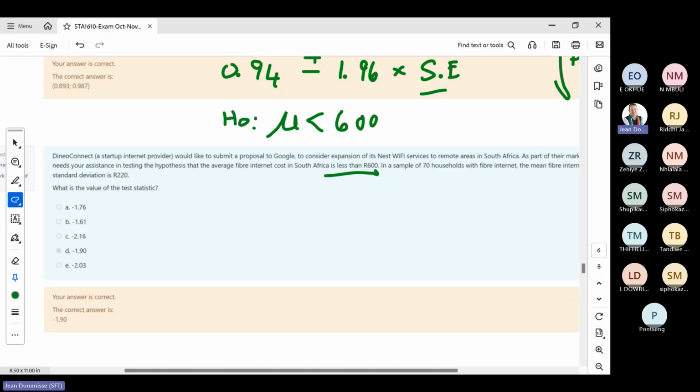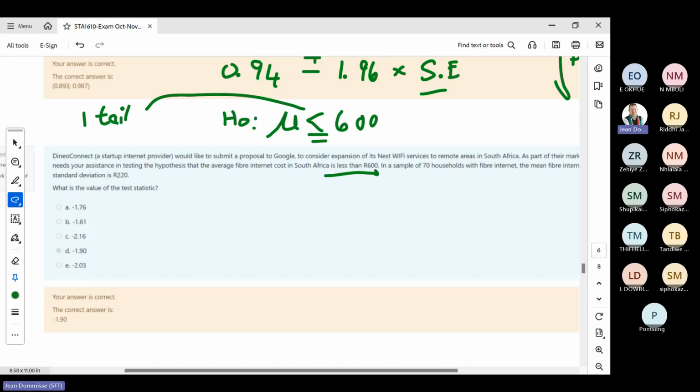Okay, so there comes in the one tail or two tail. It's directional, it's smaller than, it's less than. So that is where your one tail comes in.